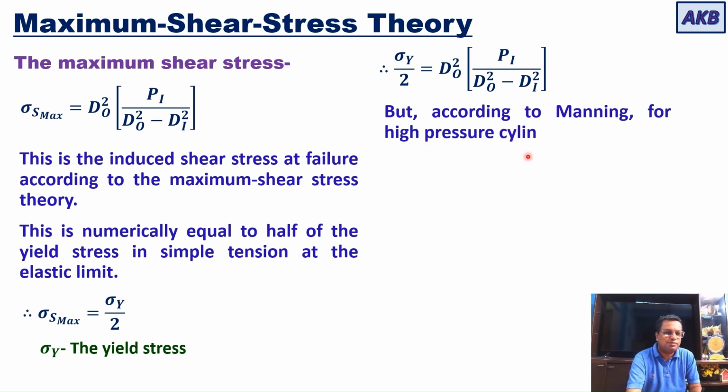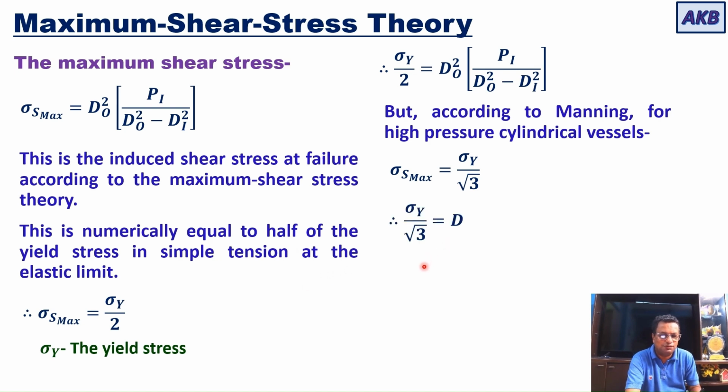But according to Manning, for high pressure cylindrical vessels, it is not sigma y upon 2, but it is actually sigma y upon root 3. So according to Manning, for high pressure cylindrical vessels, if the maximum shear stress is equal to 1 by root 3 into sigma y, the yield stress in simple tension at the elastic limit, then the material is going to fail.